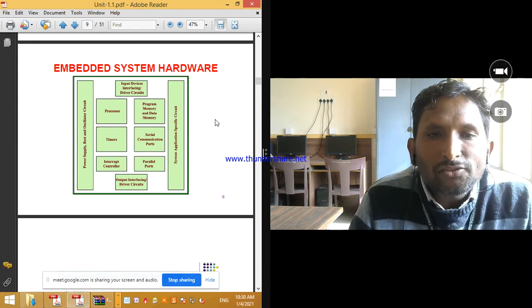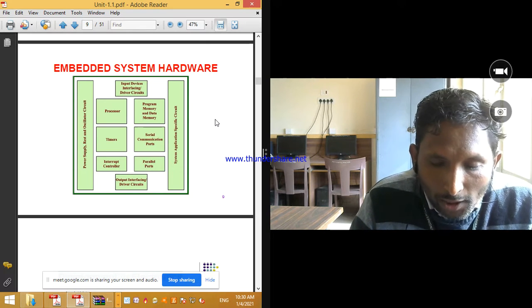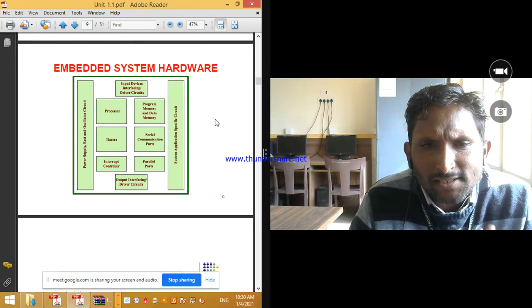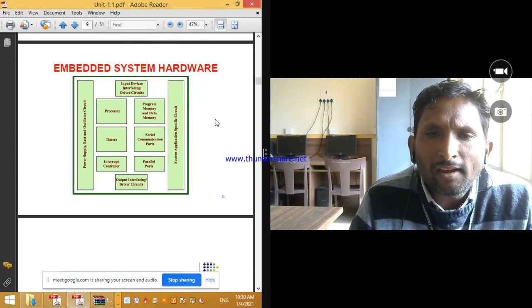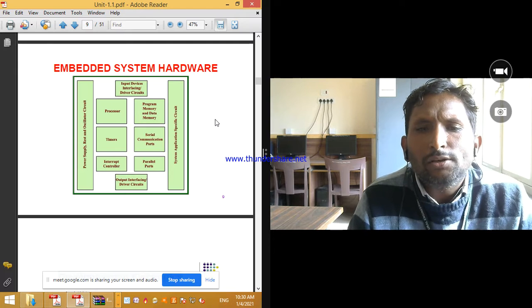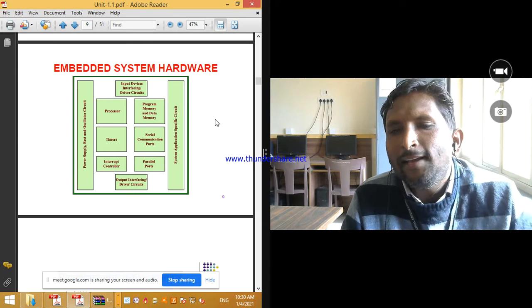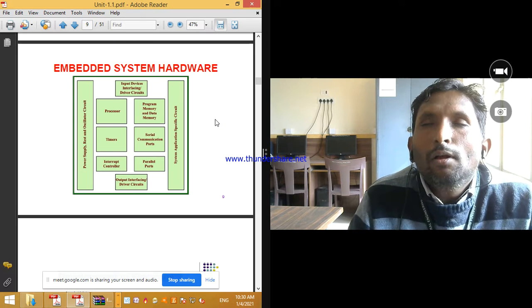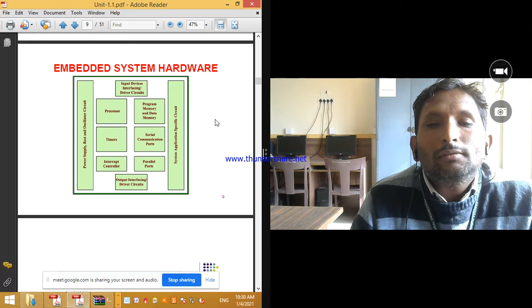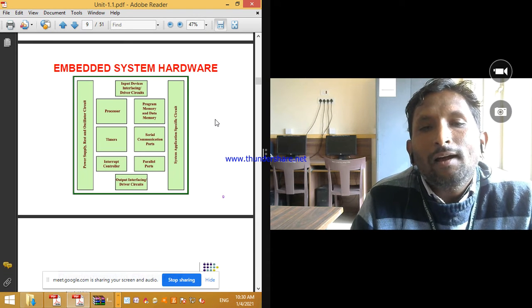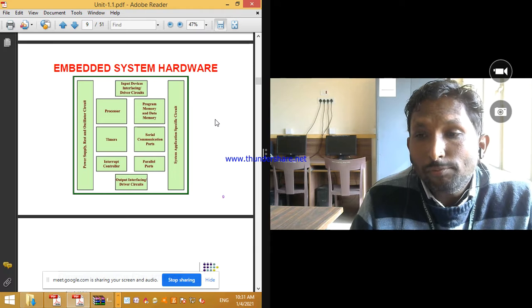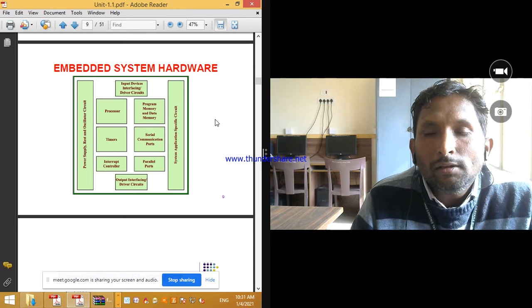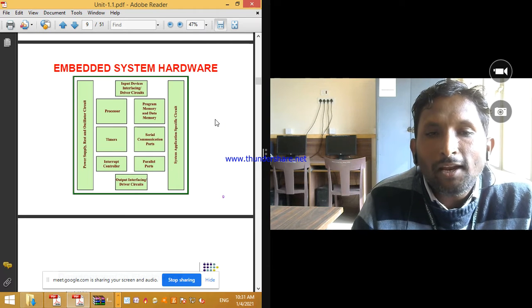If in the examination they ask you to draw the embedded system hardware, what do you have to draw? This diagram. Over here the diagram is shown in such a fashion, but you can use your own idea to draw it. When you draw the embedded system hardware diagram, keep in mind the different hardware required to create an embedded system.